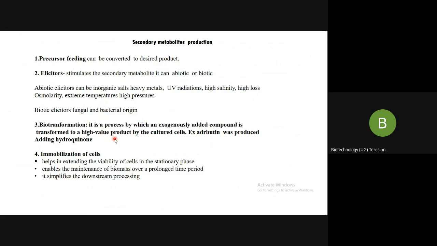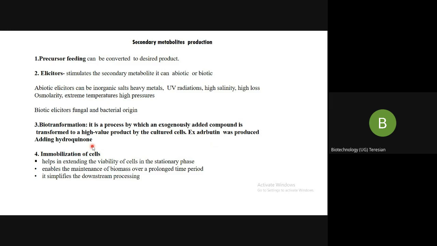One example what they have told is the arbutin. See, the spelling has gone wrong here. It is A-R, there is no D. Okay. So, arbutin is a secondary metabolite which is produced in the plant known as Catharanthus roseus. So, what the scientists have done is they have added hydroquinone into the cell cultures of the plant Catharanthus.